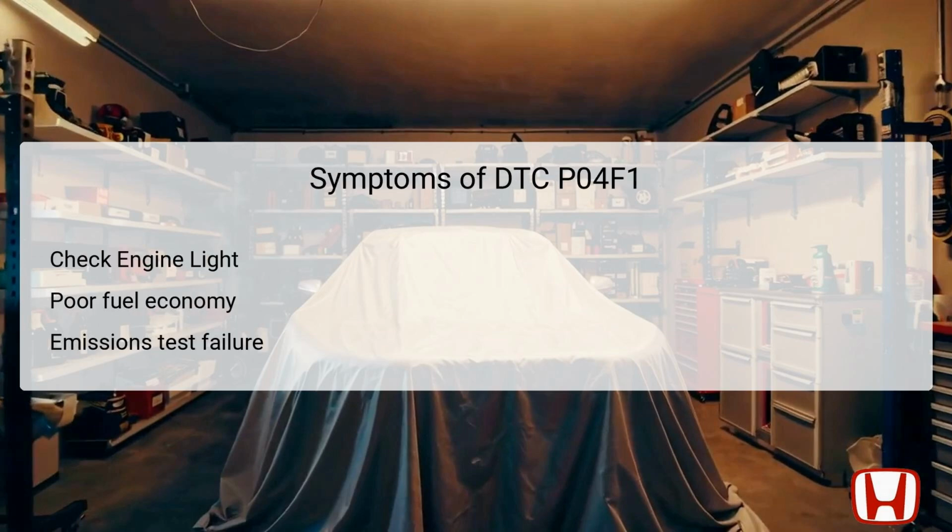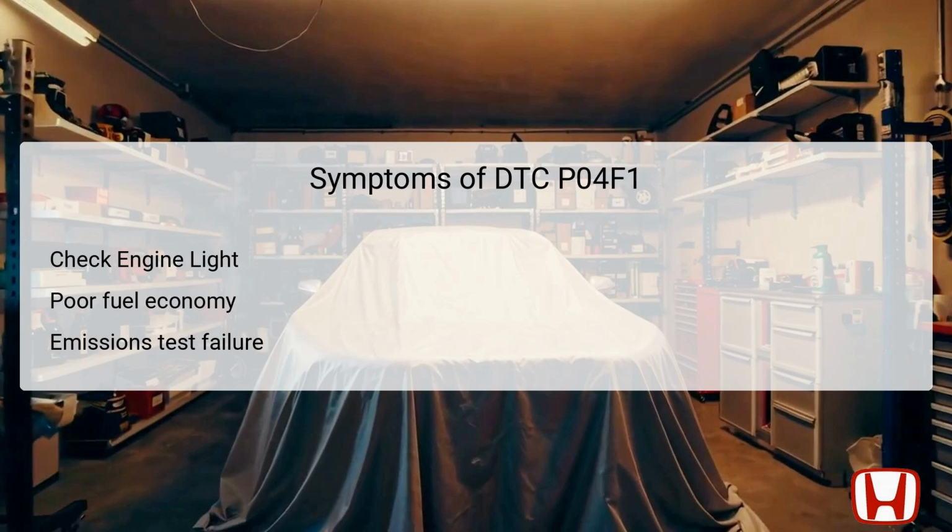When DTC P04F1 is triggered, several symptoms may manifest in the vehicle's performance. The most noticeable is often the illumination of the check engine light, alerting the driver that there's an issue that requires attention. In addition, low purge flow may lead to poor fuel economy, as the engine may not operate efficiently, with the excess fuel vapors not being processed correctly.